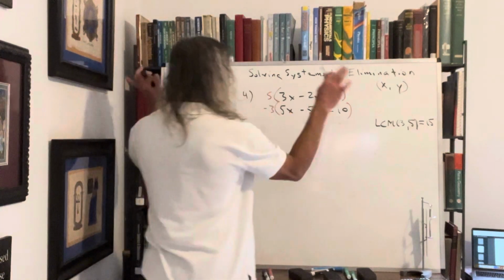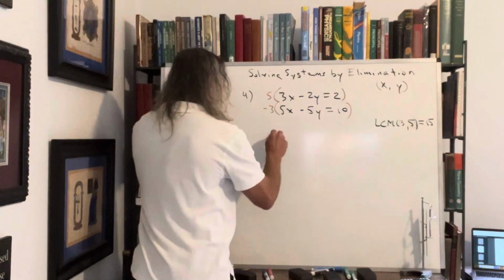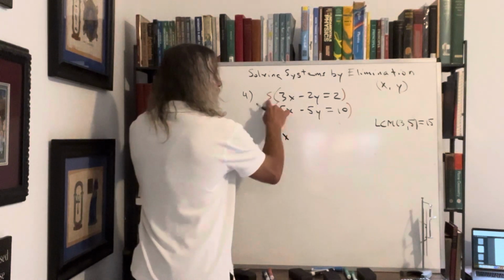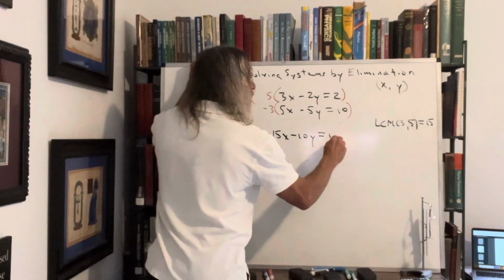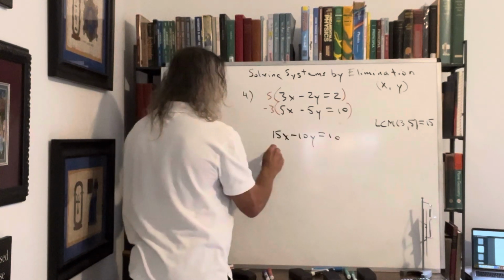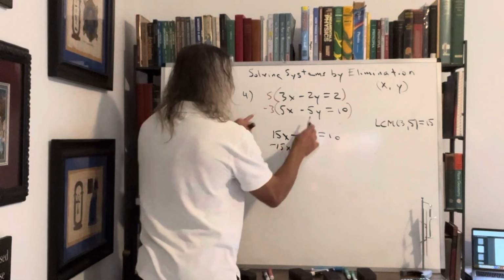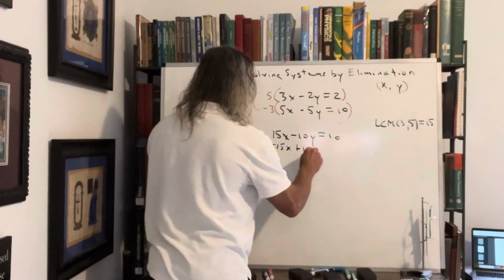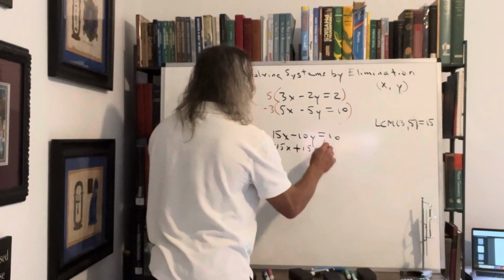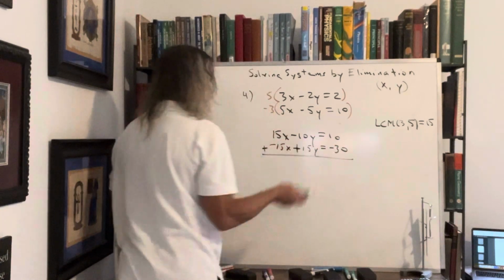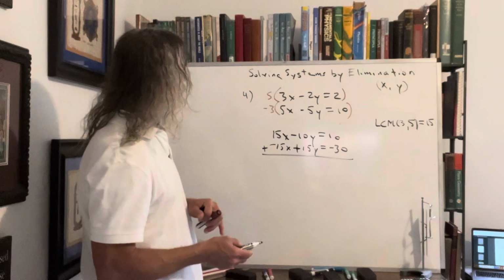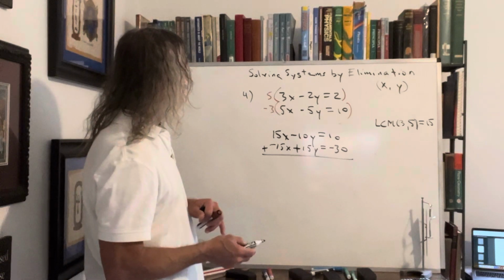Now, kind of distribute, kind of like 15x minus 10y equals 10. Negative 15x plus 15y equals negative 30. Okay, 15 minus 10 equals 10.